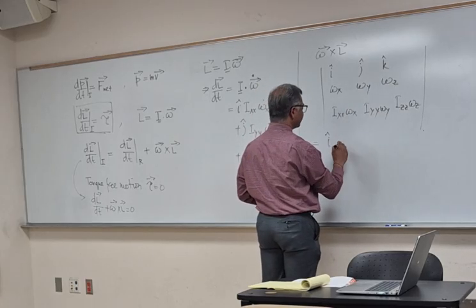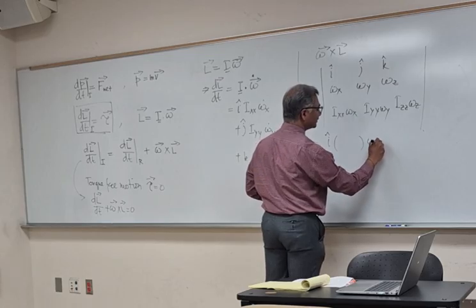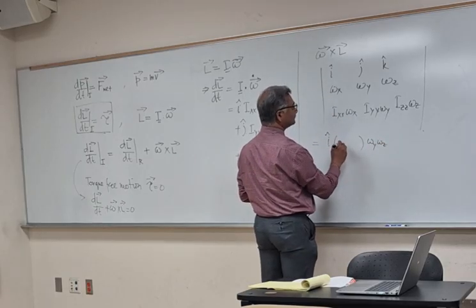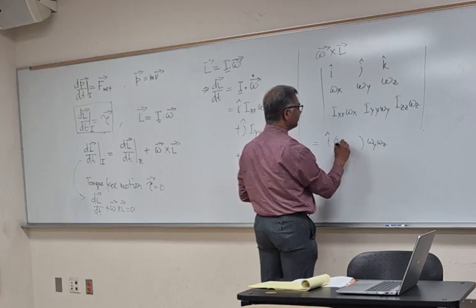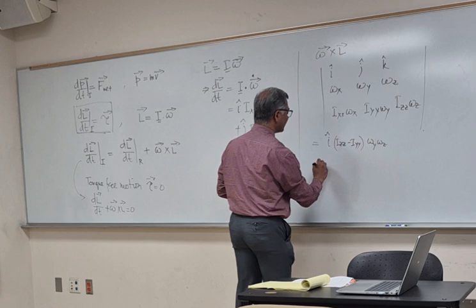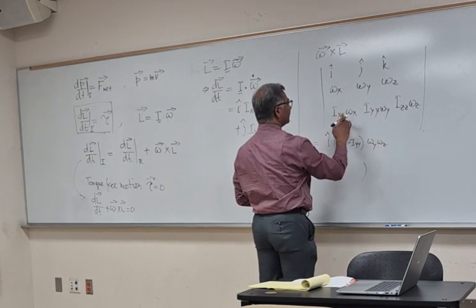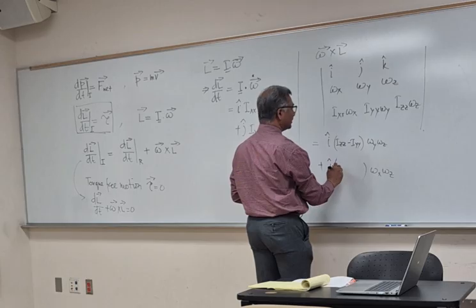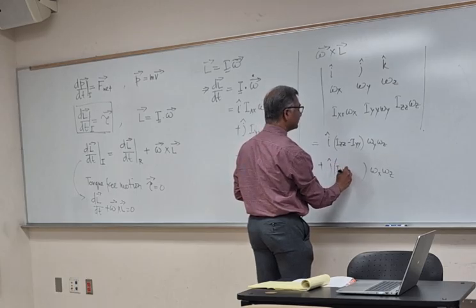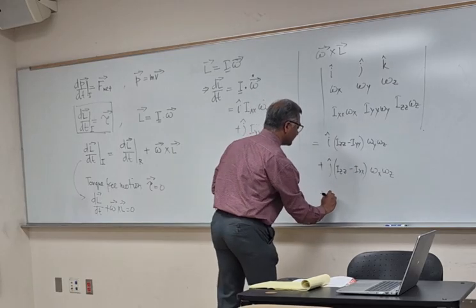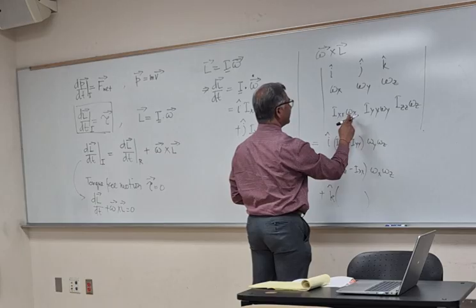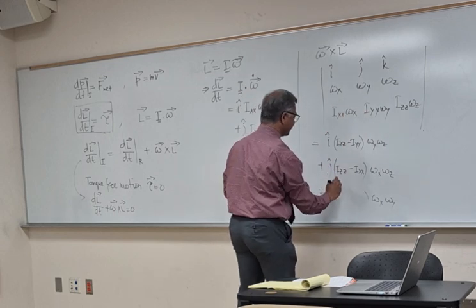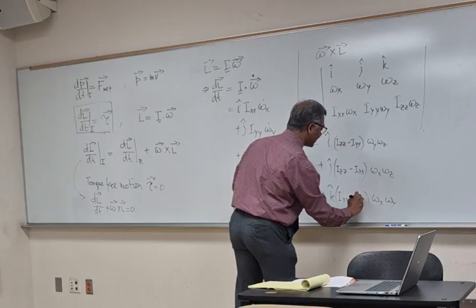So omega_y and omega_z will be multiplied with both terms, giving i omega_y omega_z (I_zz minus I_yy), plus j omega_x omega_z (I_zz minus I_xx), plus k omega_x omega_y (I_yy minus I_xx).